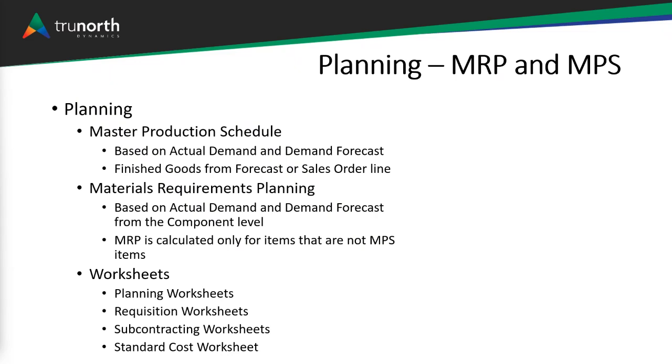Again, if I have to, I would then issue purchase orders out to my vendors so that they could supply me with the required materials, components, whatever it might be. With those two pieces in place, I'm then looking at the outputs on the 4 different worksheets we went through: the planning worksheet, requisitions worksheet, subcontracting, and the standard cost worksheet.